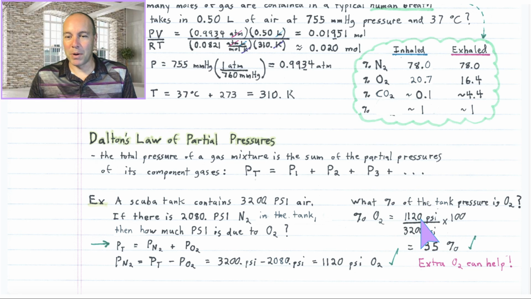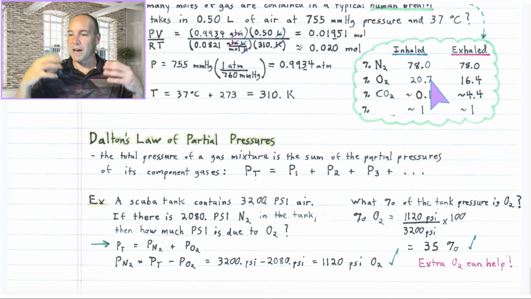The part over the whole times 100 is the percentage. So you take the oxygen pressure divided by the total pressure times 100, and you get 35% oxygen. And you can see that's much higher than the normal amount of oxygen in the air.